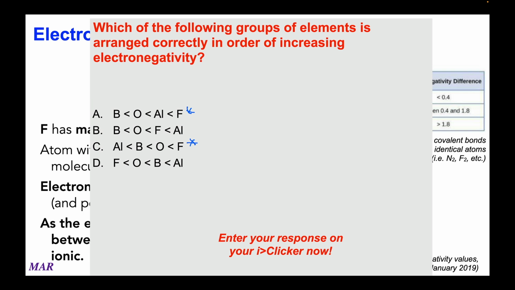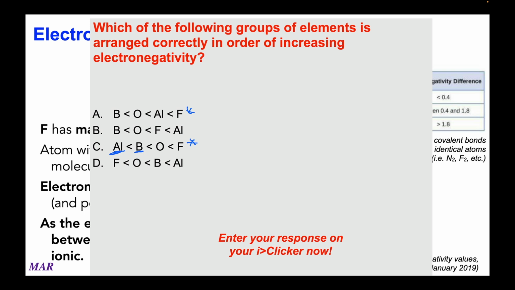And then you want to go left and down from there in order to figure out the patterns of electronegativity. So aluminum is definitely most left and down of that list of 4 elements, all right? So aluminum will be the least electronegative. And then if you go up, you'll get to boron. So right above aluminum on the periodic table is boron, so that would be next.